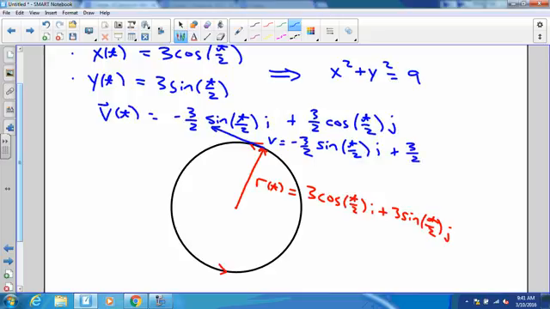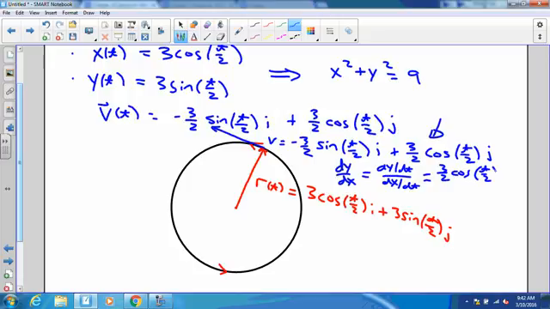And I want you to observe that the slope of that velocity vector, which would be the y over the x, can be written like this. dy/dx, the slope of the curve at that point, is equal to dy/dt over dx/dt, a familiar result from our parametric curves.